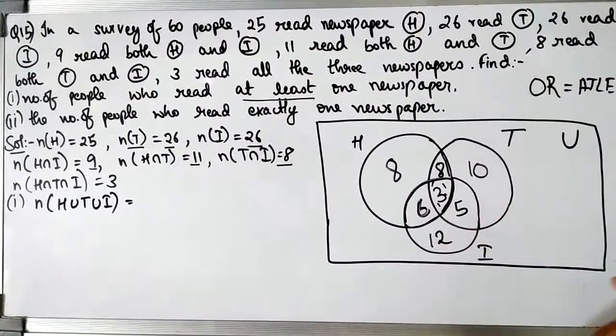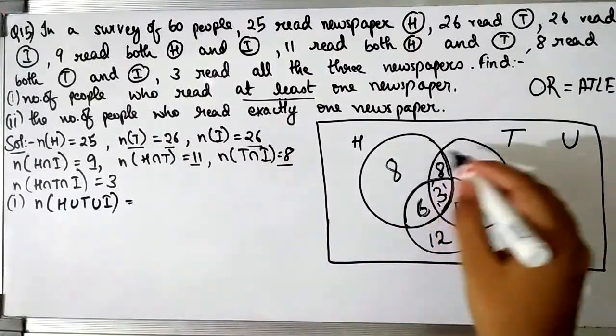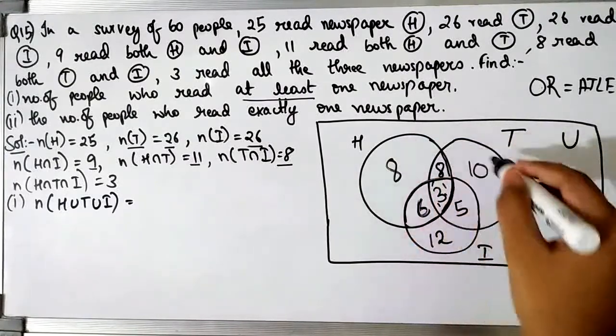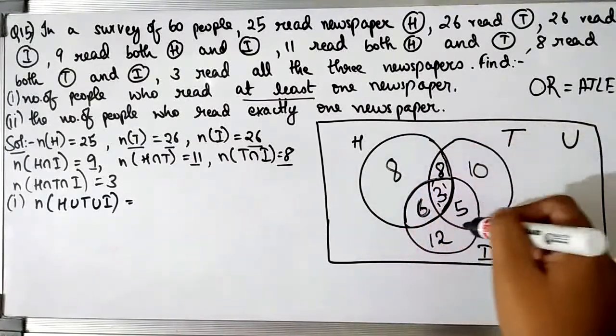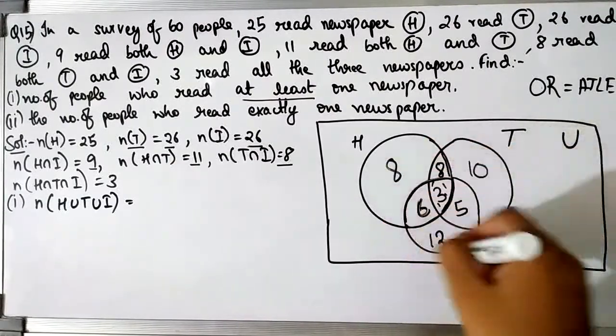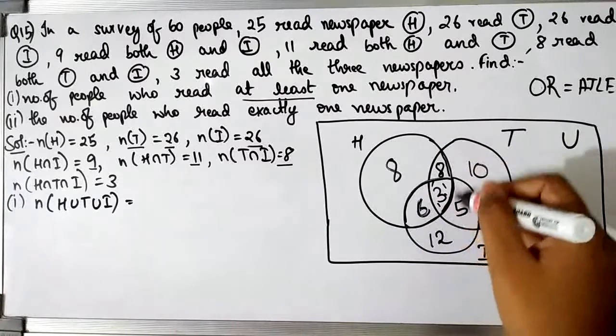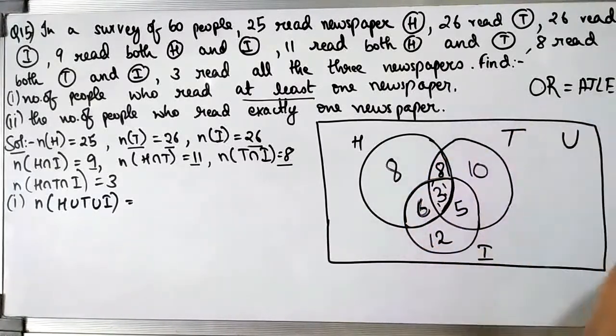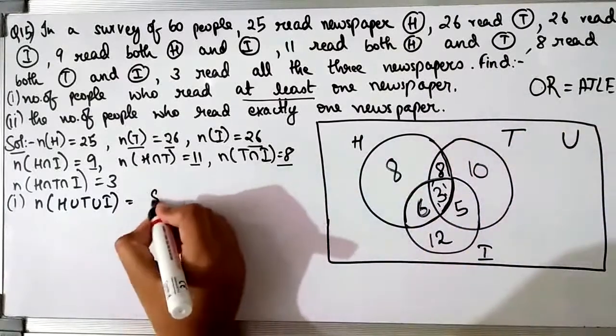Union means all these 3 sets taken together, and I have marked the different portions to be the different number of people, so the different number of elements. So union is nothing but all the 3 sets taken together. So we just have to add all the values and we get the union.